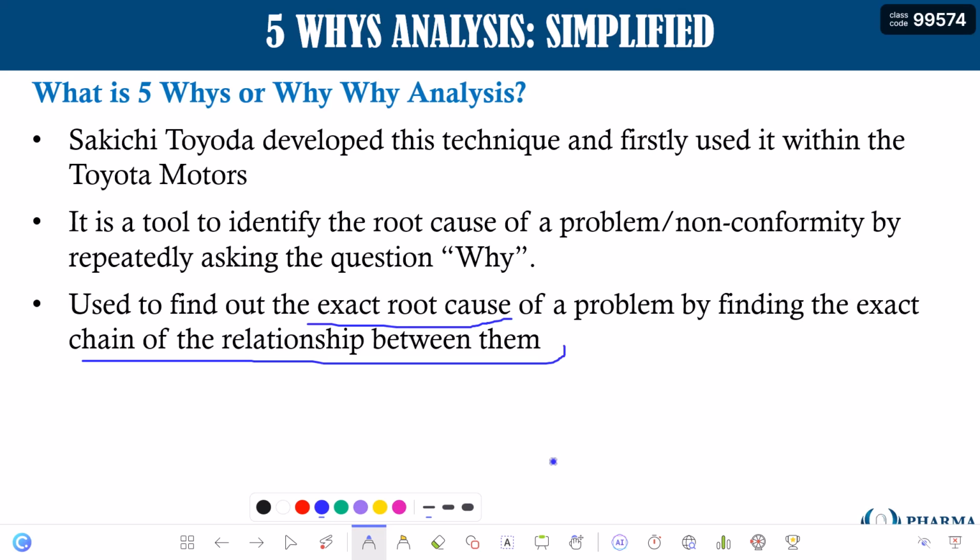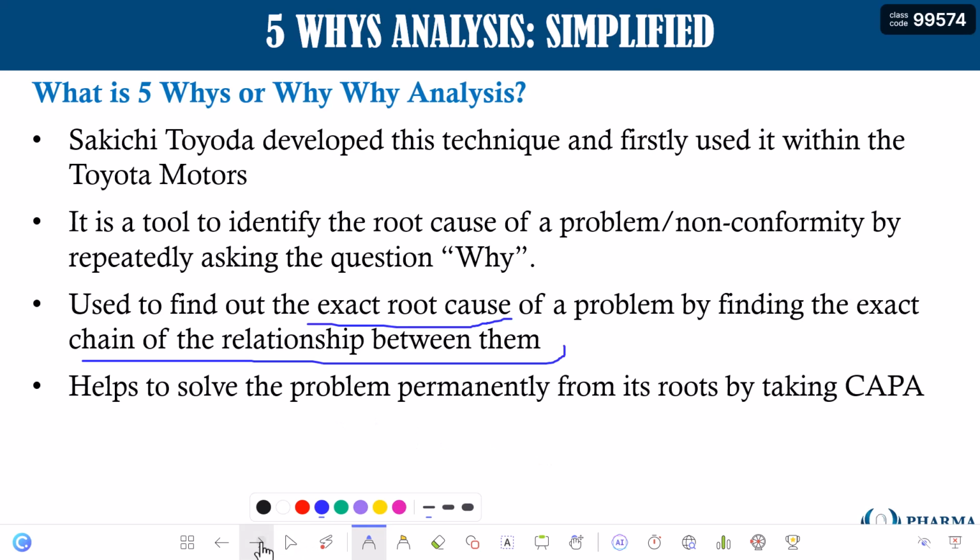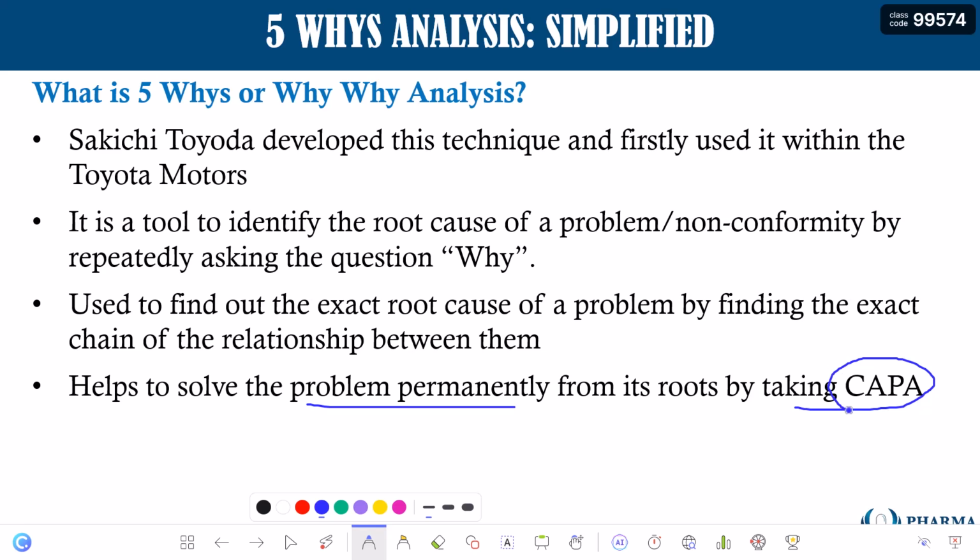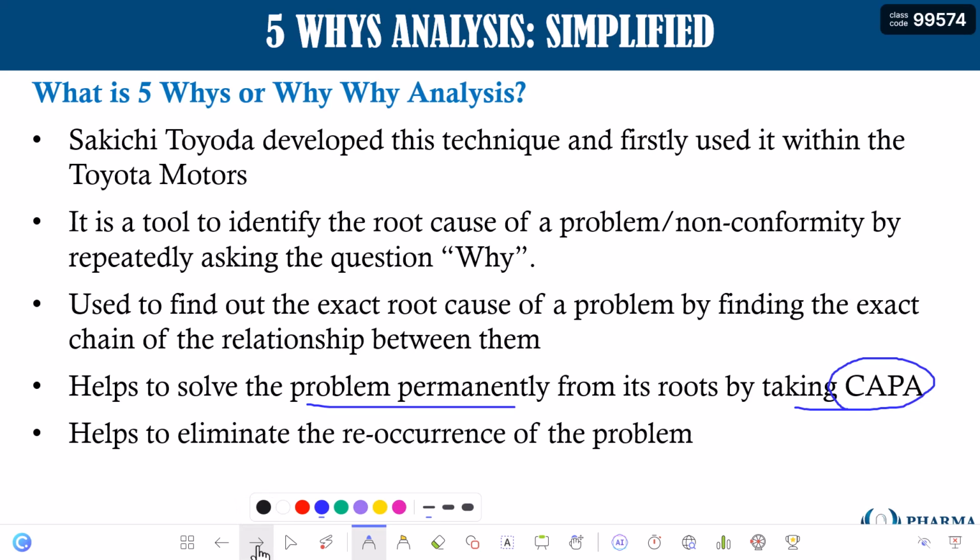To understand this sequence of questions, we are going to also take one example at the end of this presentation. It helps to solve the problem permanently from its root cause by taking appropriate corrective and preventive action. That is the objective of conducting an investigation, isn't it?